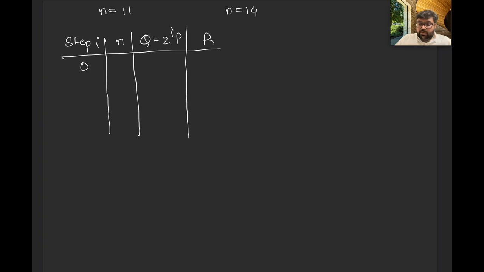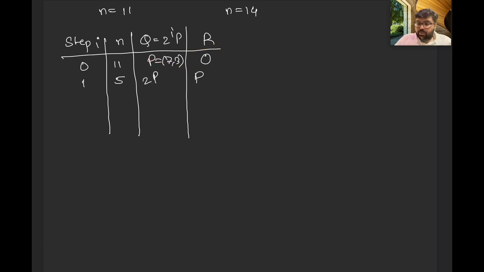So step number 0, n is 11, this is P, whatever the coordinate is, 7 comma 3, and r is O. Divide by 2, 5, remainder is 1, so we add these, so P plus O, these two are added now.